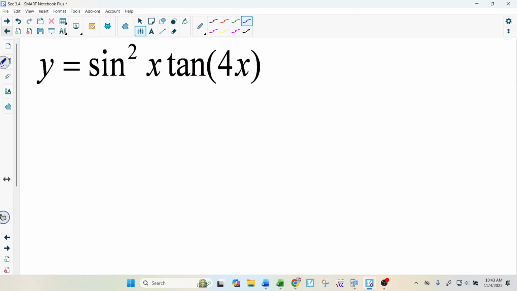So would you have to use chain rule? No. Yes. Because you have to bring down the 2, subtract 1, times, and then the second is tangent of 4x. Would you have to do chain rule for tangent of 4x? Yes, because you have an inside part, which is 4x. So you'd have to do product rule here, and then the derivative of the first and derivative of the second in product rule, you'd also have to use chain rule.